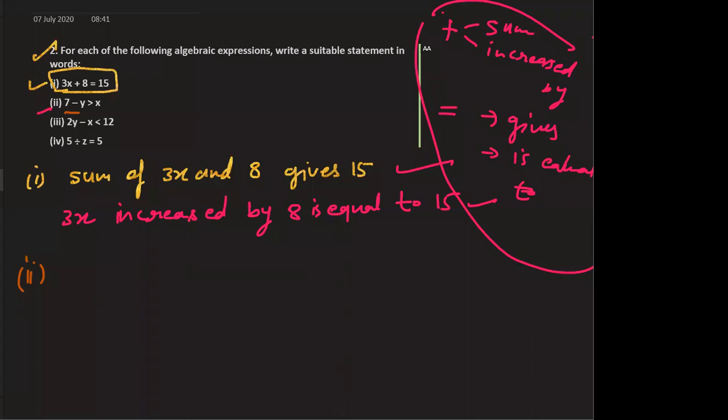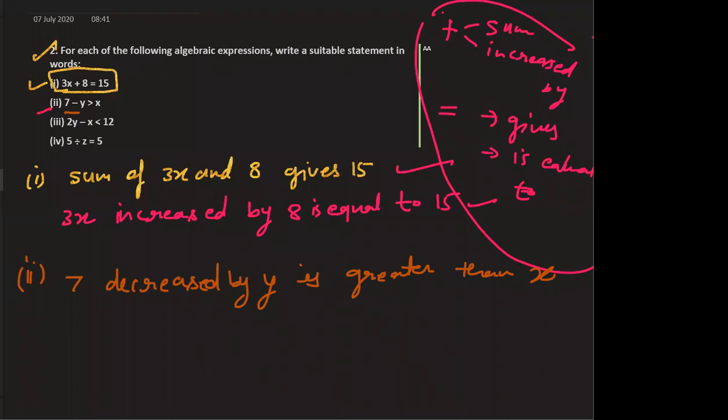You have to write the full statement in the comment box. So in the second part, you can write 7 decreased by y, or the difference of 7 and y, is greater than x. This is the statement.